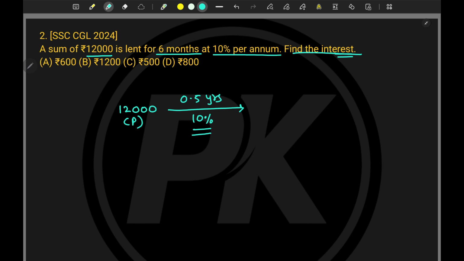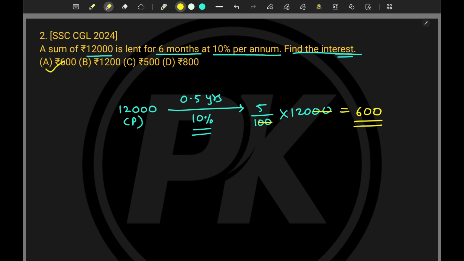So 5% of 12,000 is how much? 5% means 5 divided by 100 into 12,000, right? So these two zeros get cancelled. 12 5s are 60, and this 10, so 600. So what is the answer? 600.